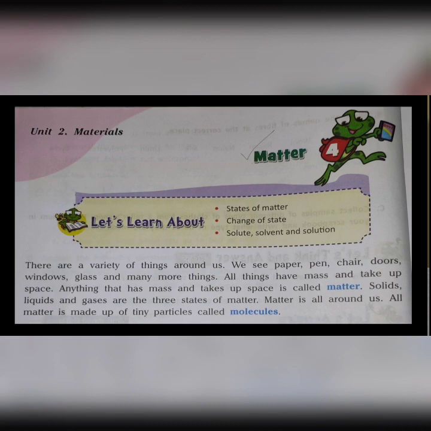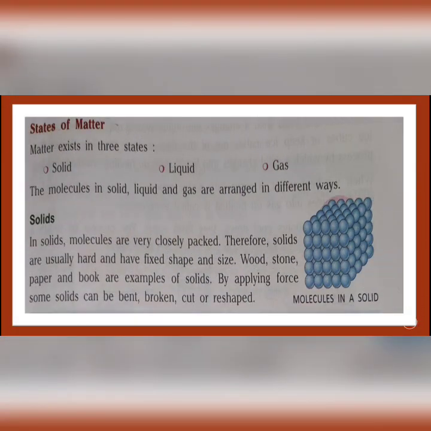Anything that has mass and takes up space is called matter. And matter is made up of some tiny particles which are called molecules. Around us we see matter in 3 states: solids, liquids and gases.